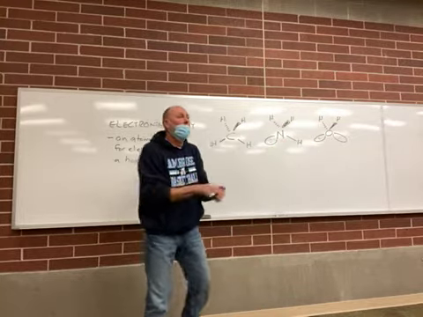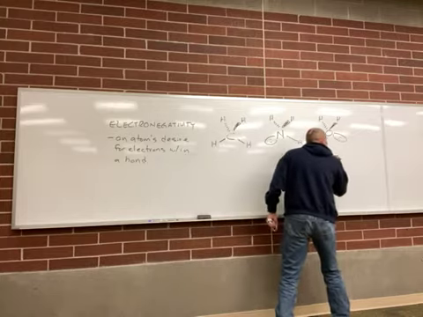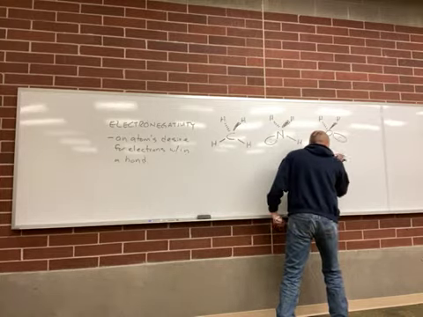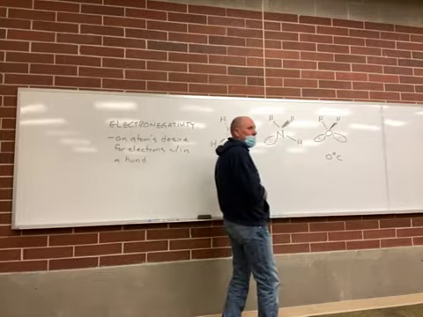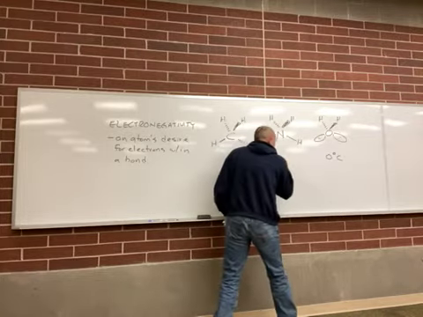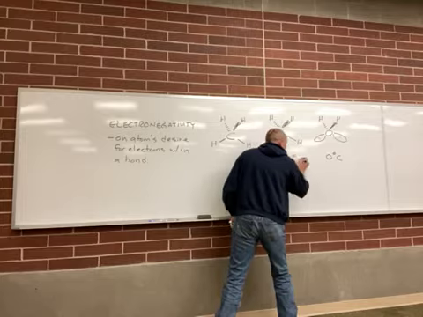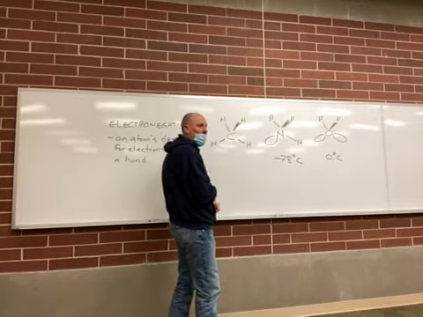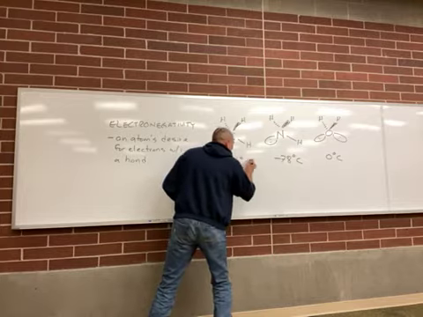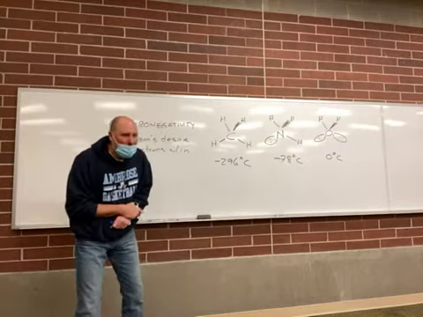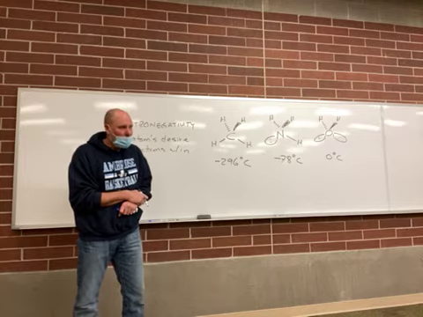But here's the cool thing. This one has a melting point, or boiling point, I'll use melting point, of 0 degrees centigrade. This one has a melting point of negative 78 degrees centigrade. This one has a melting point of negative 296 degrees centigrade. What in the world explains that?